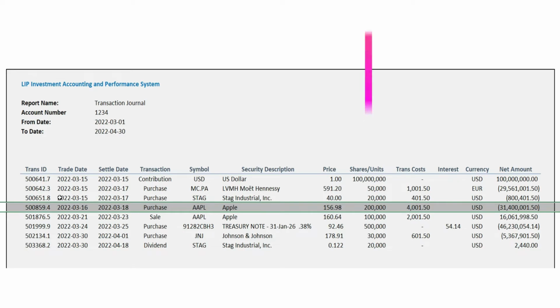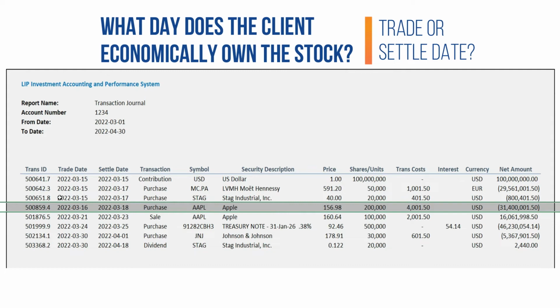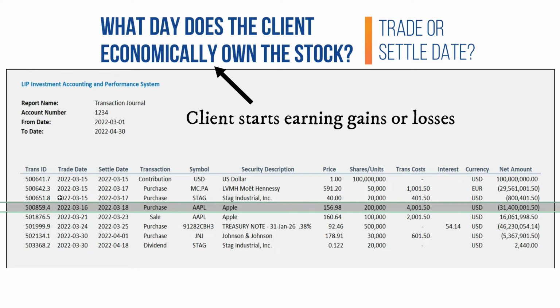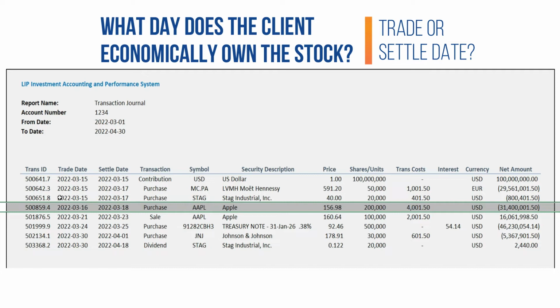So what day do you think you economically own the stock, or this client would economically own the stock? And by economically own, I mean that the client would start earning gains and losses from that date forward. Do you think it would be March 16th or March 18th? Would it be the trade date or settle date? Well, if you said the 16th, you're right.